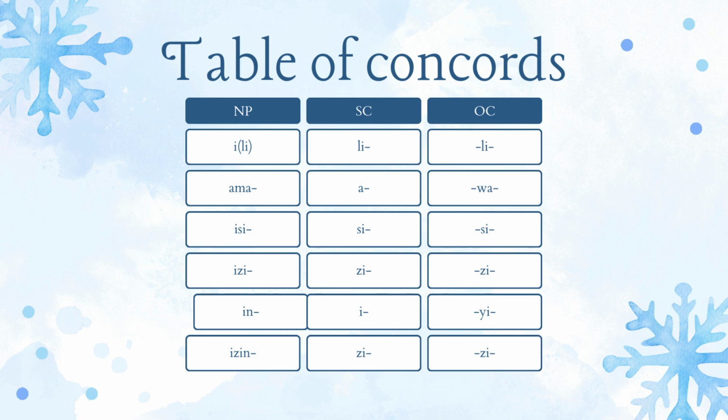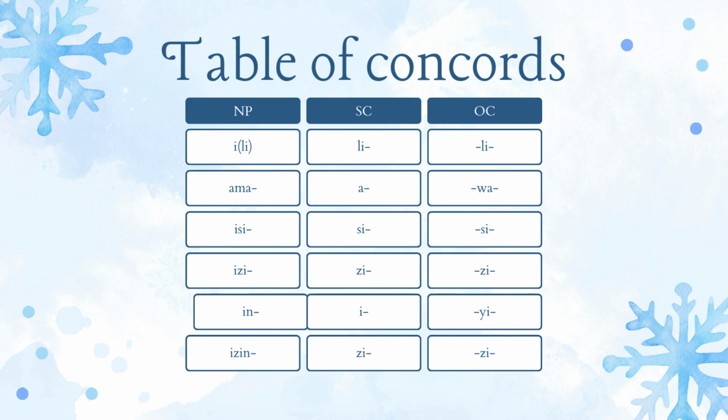Izi has zi as a subject concord and zi as an object concord. In, for example, ingane has i as a subject concord and yi as an object concord. Izin, izingane has a subject concord zi and an object concord zi.